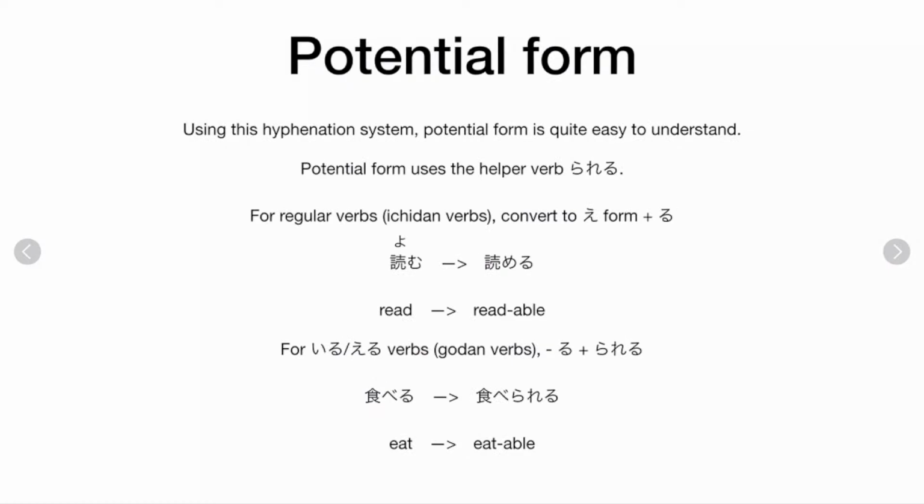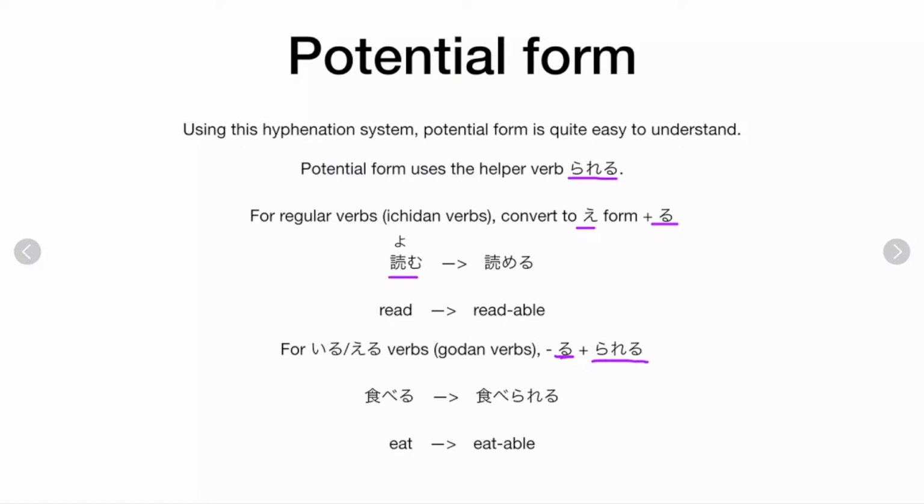Since we have this helper system, let's learn a helper verb, which is rareru. Rareru is used to make potential form. There are two ways that rareru can attach to a verb, depending on what kind of verb it is. If it's a regular verb, you put it in its a stem, and then you add ru. If it's an iru/eru verb, you drop the ru, put it in its stem, and then you add rareru.